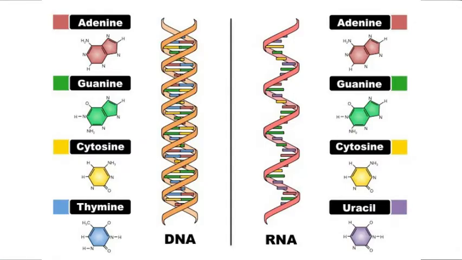In RNA, we don't have a T. DNA has four letters, A, T, C, and G. RNA also has four letters, but rather than A, T, C, and G, it has A, U, C, and G. U replaces T, uracil replaces thymine. So this means that whenever we would expect to see a T, we'll instead see a U.